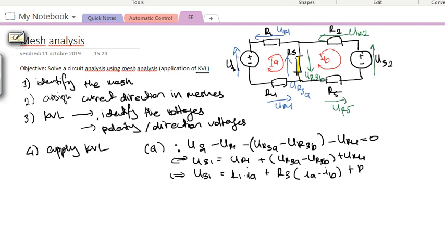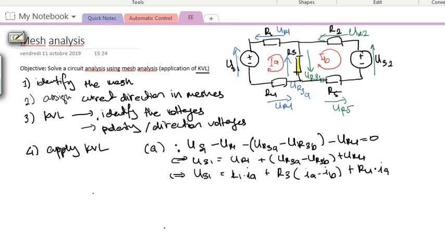And then UR4 is R4 multiplied by IA, right? So now we have an equation where the known parameters are US1, R1, R3, and R4, and two unknowns, which are IA and IB.